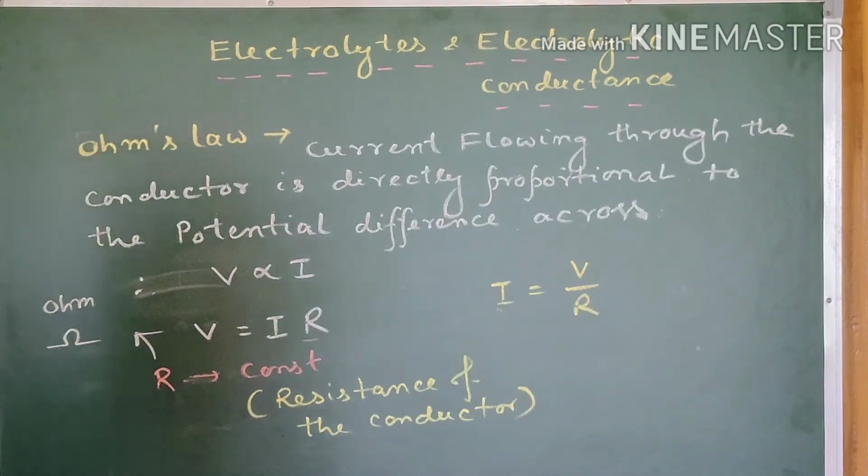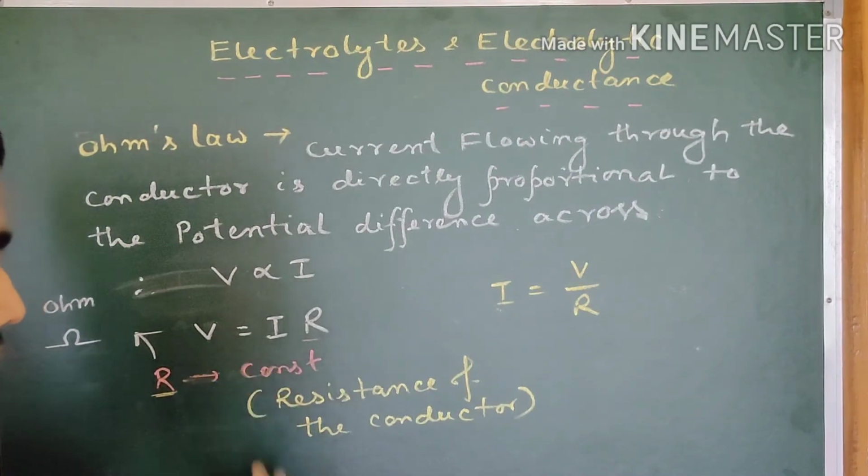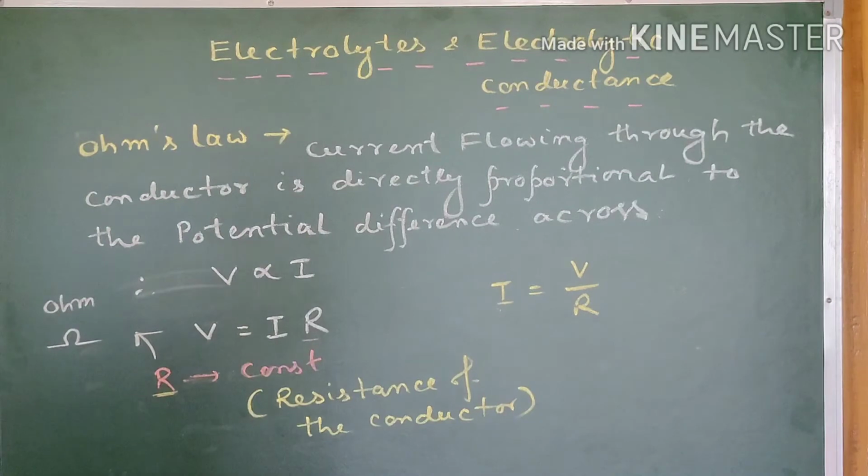And R is regarded as an obstruction of the current flowing through the circuit. So resistance is nothing but the measurement of the obstruction to the flow of current.